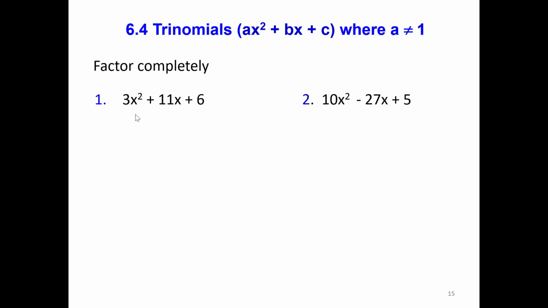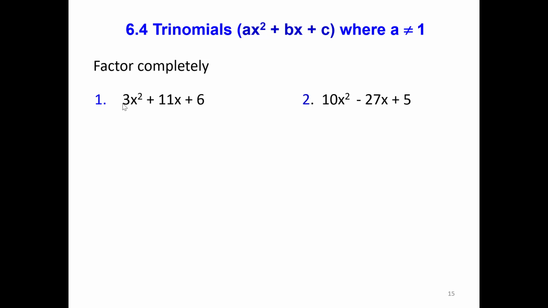Also remember, if we have a trinomial, we always check first if we can apply the greatest common factor and then the AC method. But clearly in this example, we cannot apply the greatest common factor, as we have 3, 11, 6, and the greatest common factor is 1.